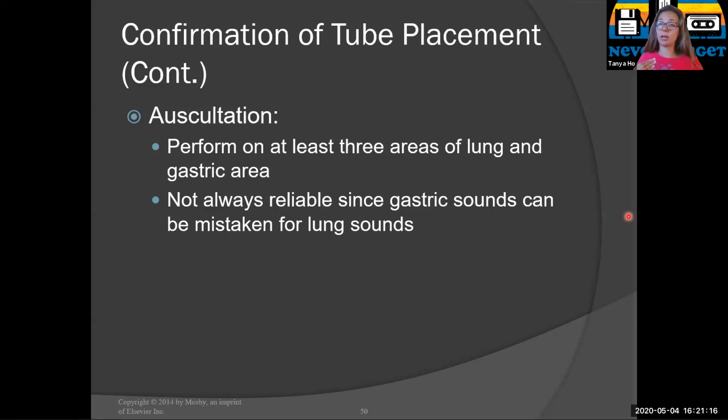That's why we like to start at the stomach, then do 1, 2, and then 3 and 4. If you hear something, but then you go up here and it's much louder, that means you're still in the trachea. So again, you have to rely on all the different indicators to let you know whether you're in or not.